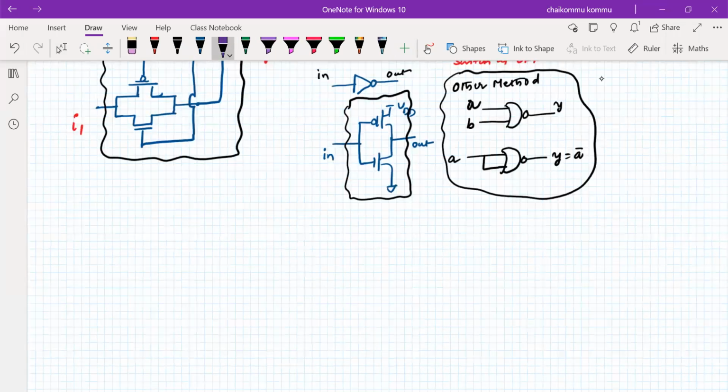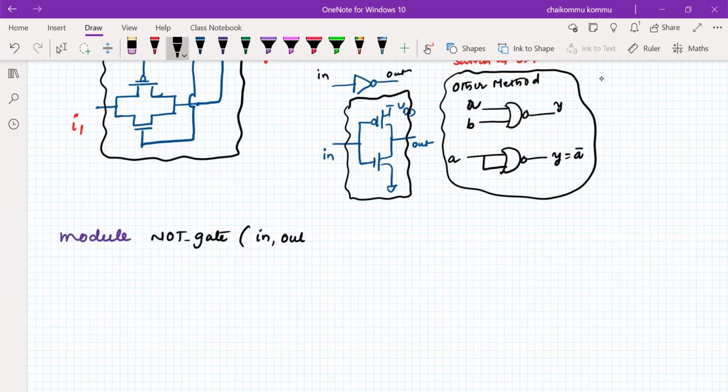Let us write module not_gate. We have an input and we have an output. What are the input signals here? The input is in.